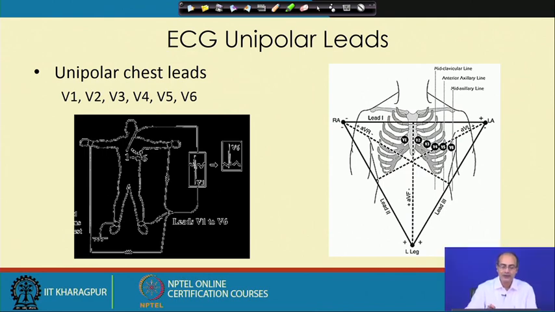In this case, with the unipolar chest lead configuration, the right foot is grounded like the previous one.